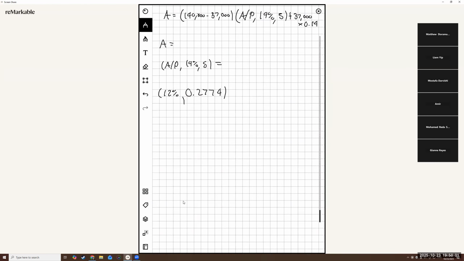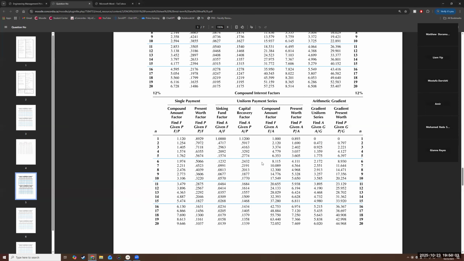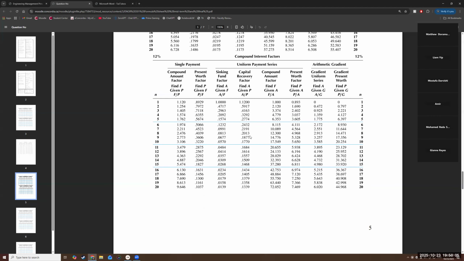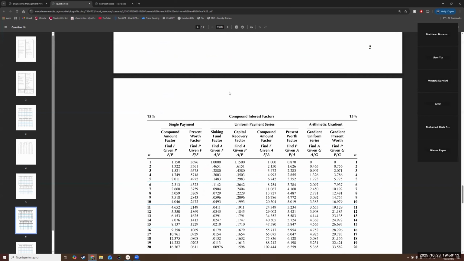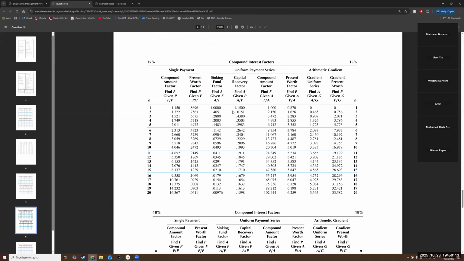Okay. We need a second data point in order to interpolate, preferably something one lower than 14 and one higher than 14. So let's use 15. We're looking again at A/P for 5 terms.